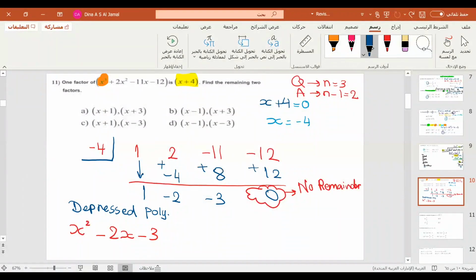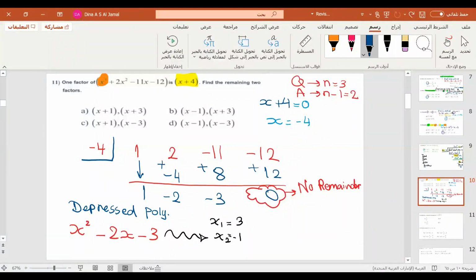He would like you to factorize this. You can use the calculator, factorization, or the quadratic formula itself. After using this, you'll get x1 from the calculator as 3, x2 as minus 1.